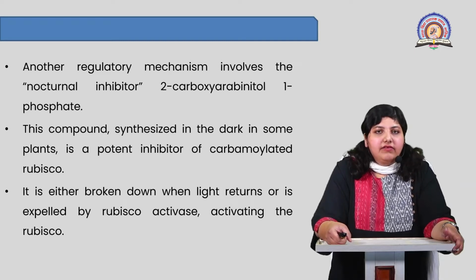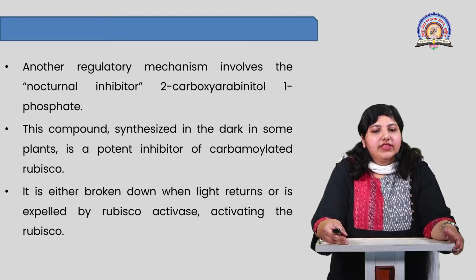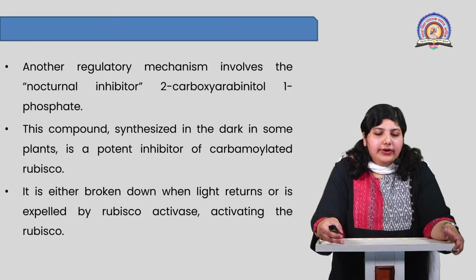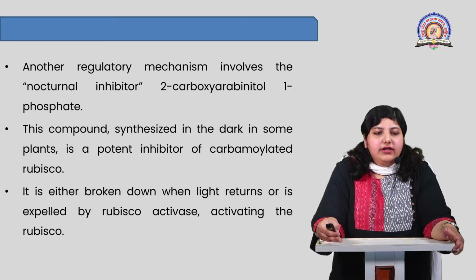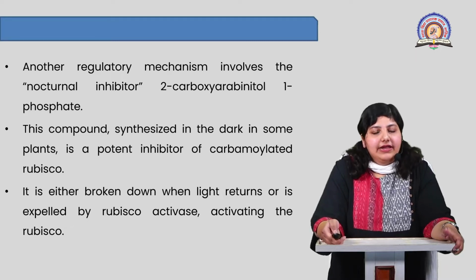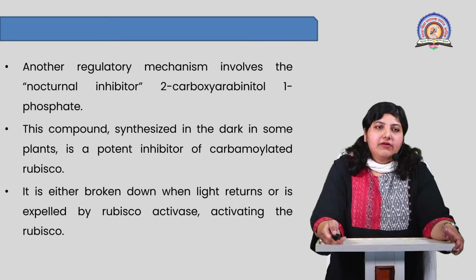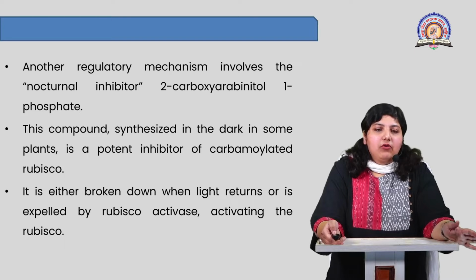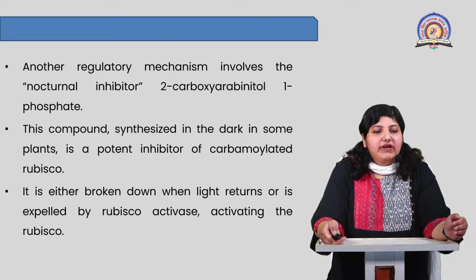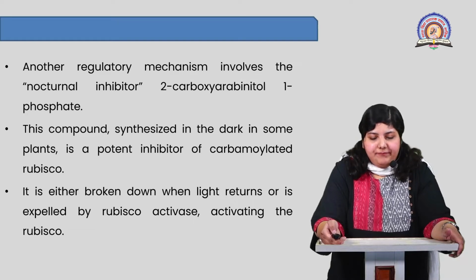And how is it released? It is released with the help of sunlight. It is broken down when light returns or it is expelled by Rubisco activase. So this is a nocturnal inhibitor, that is, it inhibits the enzyme during dark time or night time. So this is also one more mechanism of activation of Rubisco enzyme.